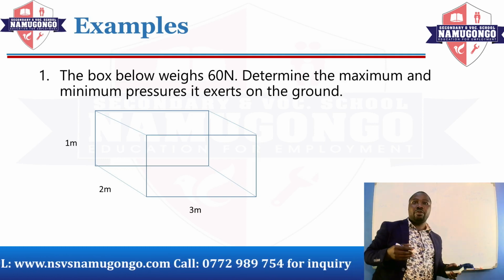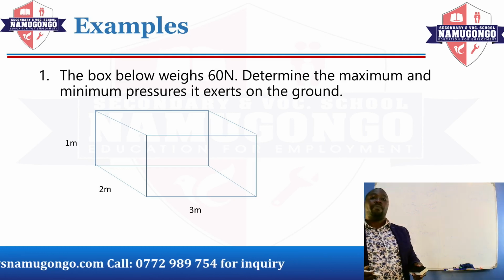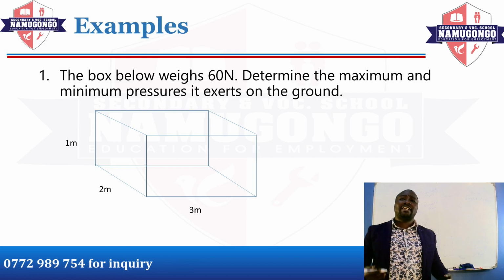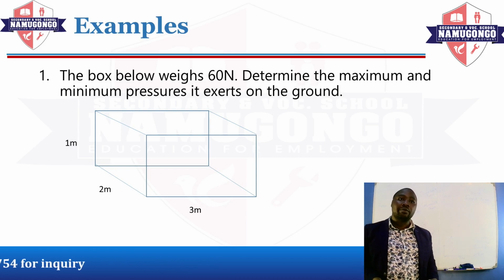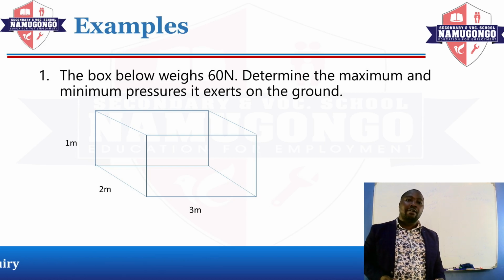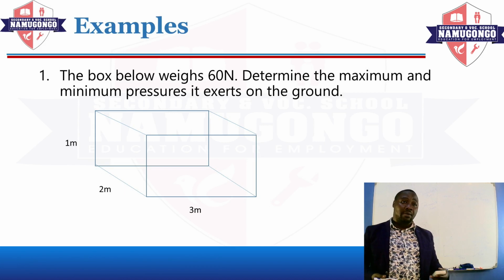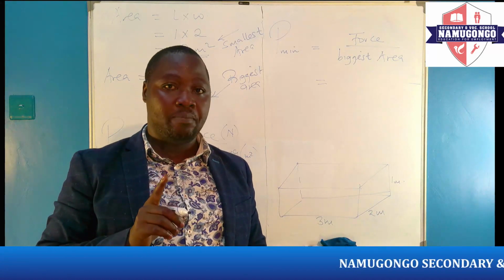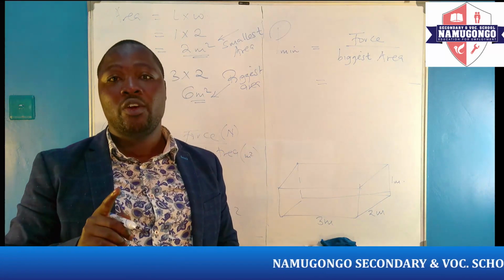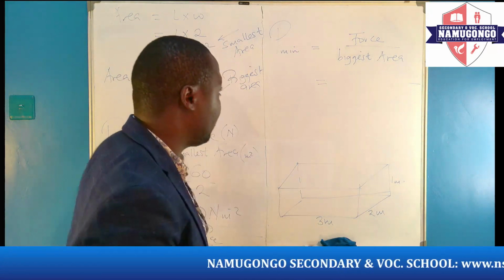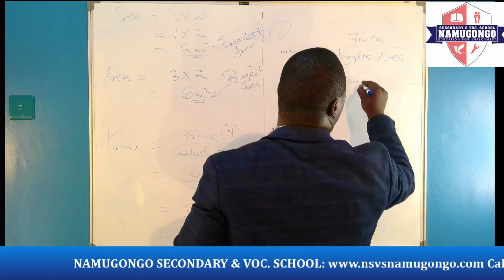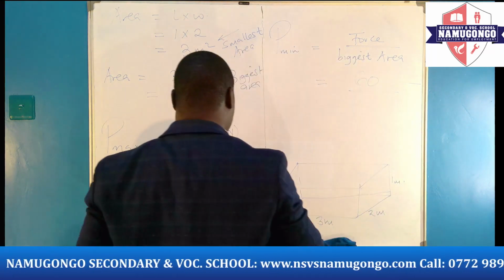As I told you, you are not supposed to change the weight because it's the same box, so it exerts the same weight on the ground. So if you are trying out these questions on maximum and minimum, make sure that the force is the same. Because if the force is not the same, you don't get the same answers. So the force here is the same, 60 divided by the area.